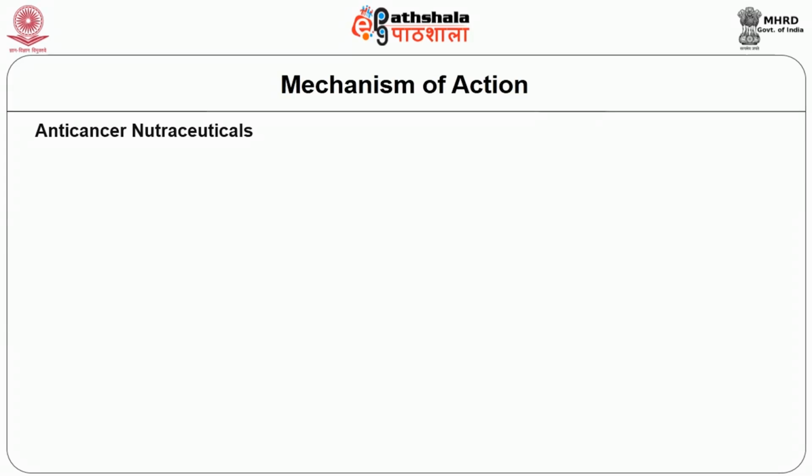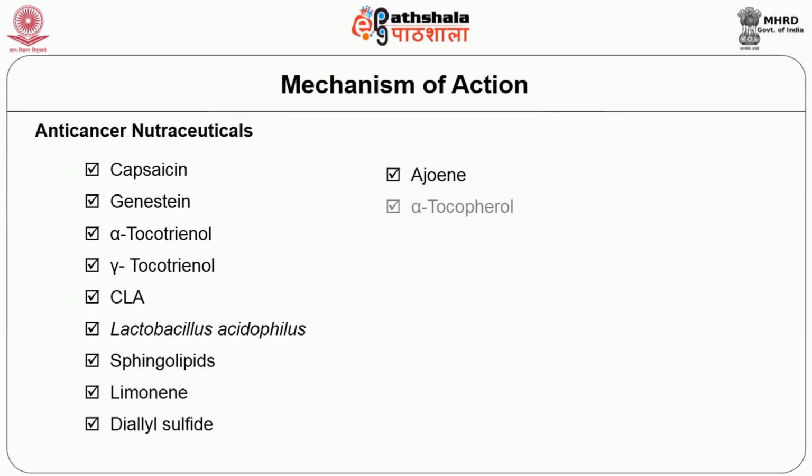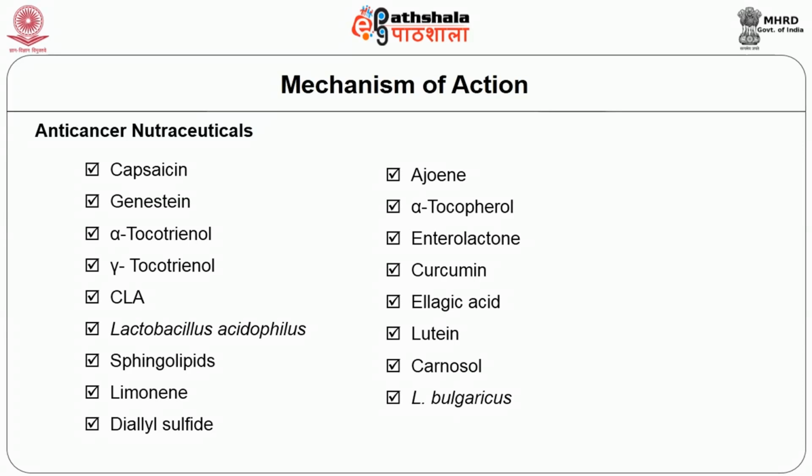Next, the nutraceuticals are classified based on action also. So, first one we will see some anti-cancer nutraceuticals. The nutraceuticals which have anti-cancer properties. Can you give me one example? Yes, alpha-tocotrienol is one example. Similarly, capsaicin, gamma-tocotrienol and genistein also have anti-cancer properties.